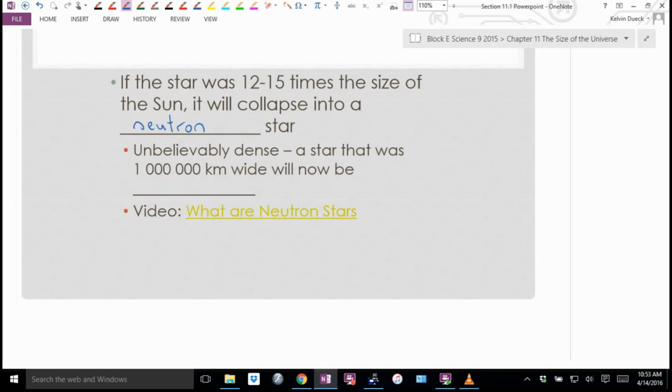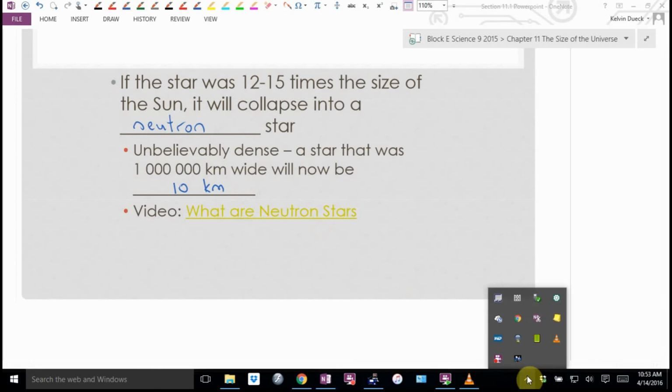Lead is like helium compared to a neutron star. A star that was once 1 million kilometers wide will now be 10 kilometers wide. Smaller than Pitt Meadows. And it's crammed in unbelievably.